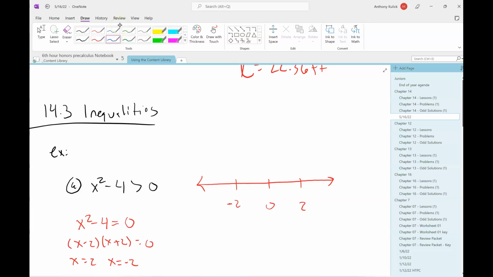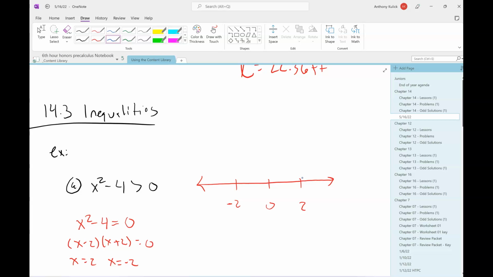On my number line, I'm going to put a dot at -2 and +2, because those are the only locations on my number line that the function can change sign, right? The only way that a continuous function can go from negative to positive is by passing through 0.